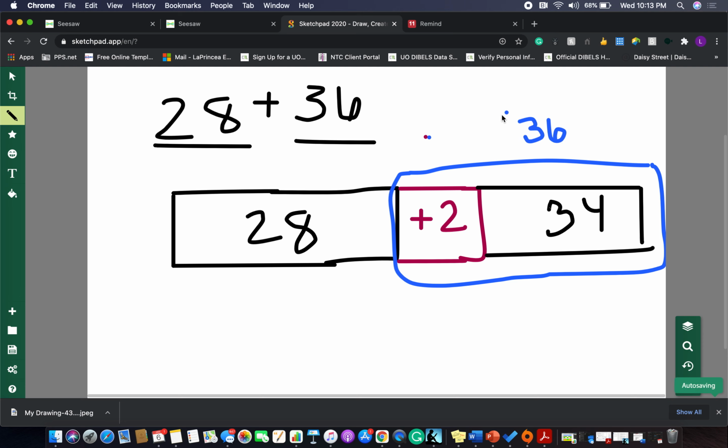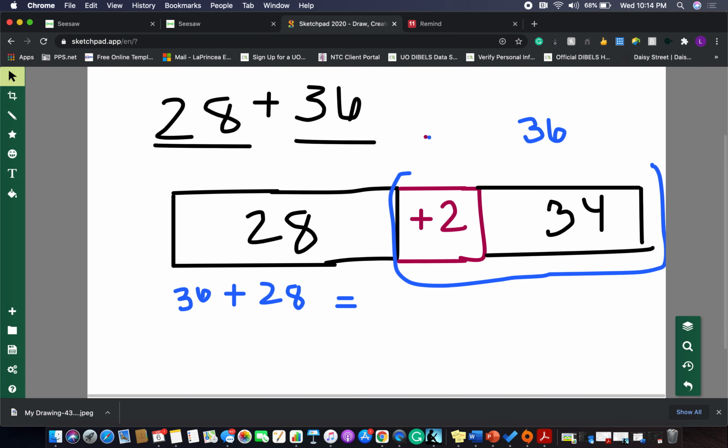Over here I have a 36, and here I have 28. So my new equation is 36 plus 28, which was basically my original equation. That's one of the equations. Now my second equation, which will have the same exact answer as 36 plus 28, and that's how I know that they're balancing equations, because they have the same answer.